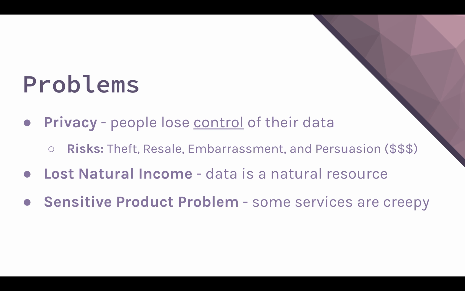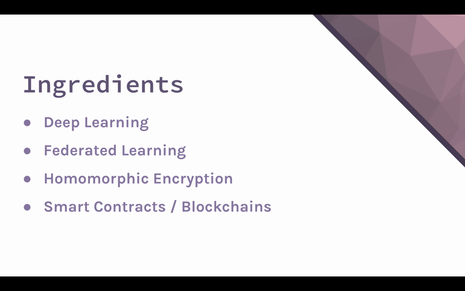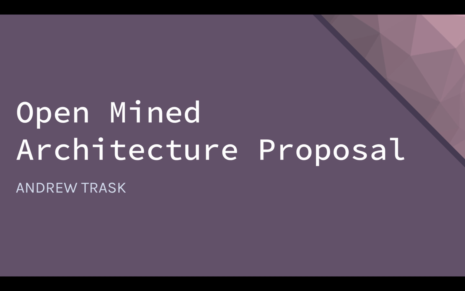And then there's also a very sensitive product problem that needs to be addressed. So the ingredients, we have just gone through these: federated learning, deep learning, homomorphic encryption, and blockchains and smart contracts.